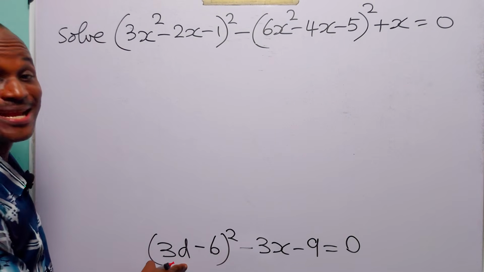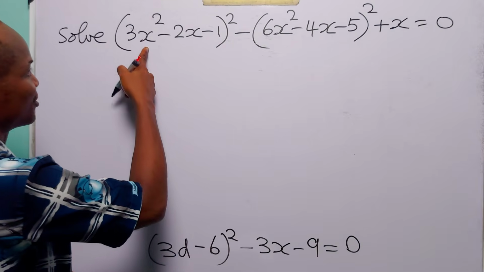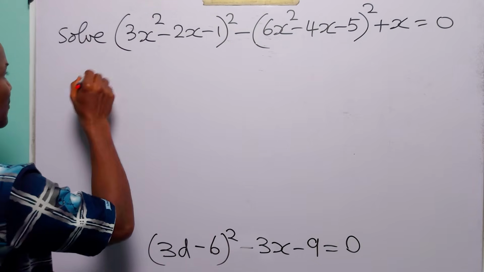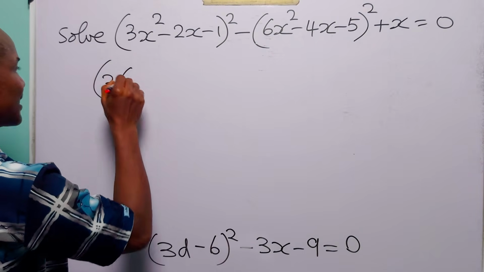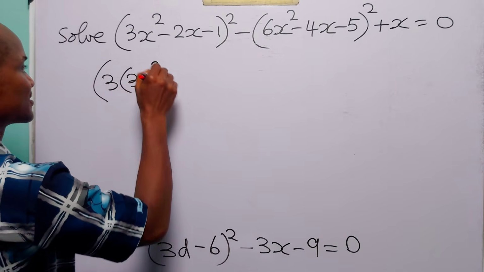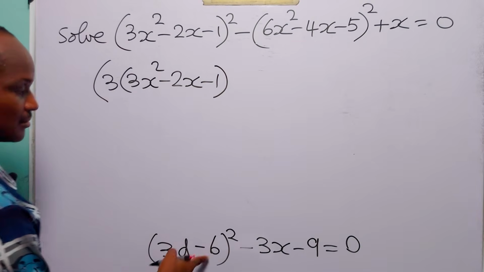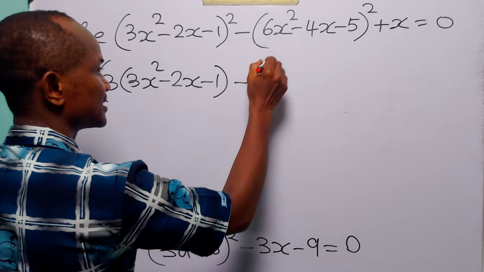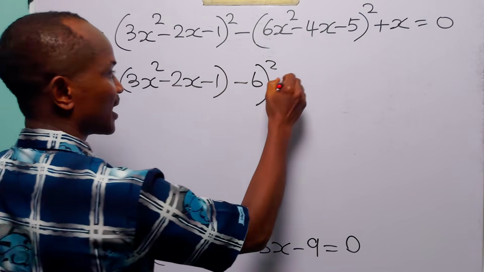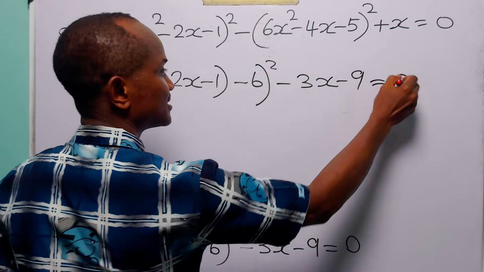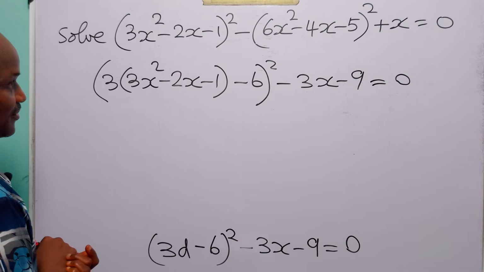Now let us replace d with the expression 3x squared minus 2x minus 1. So here we have 3 times 3x squared minus 2x minus 1 minus 6 squared. Then we have minus 3x minus 9, and this is equal to 0.